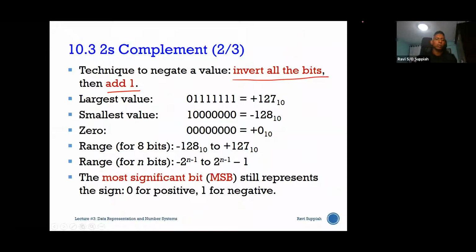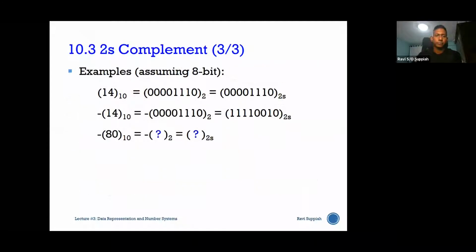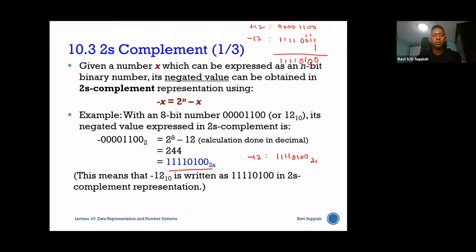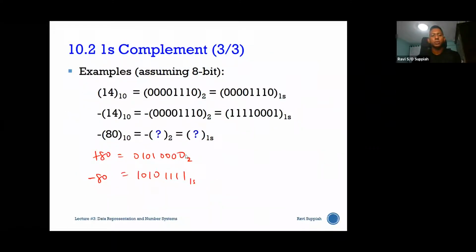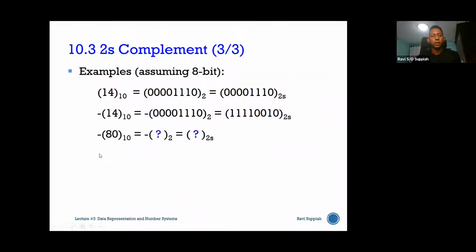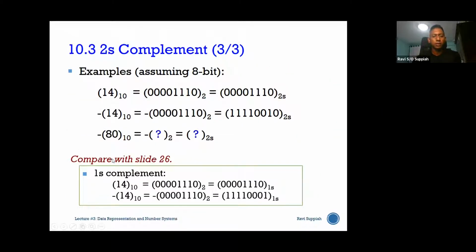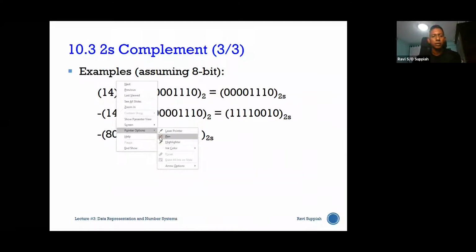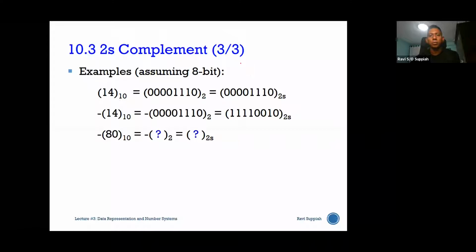Okay, so as before, with sign magnitude, 1's complement and 2's complement, the most significant bit already tells us whether it is a positive number or a negative number. Now the same thing over here, 80, and I want to represent it in 2's complement. Positive 80 is 01010000.